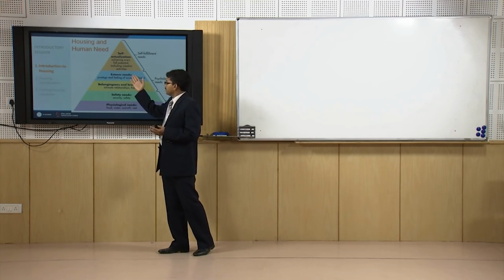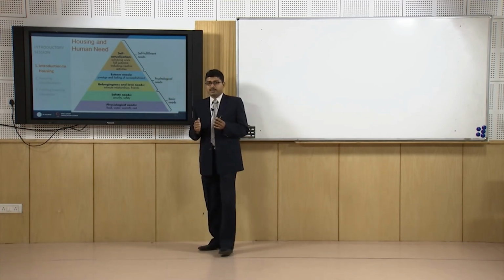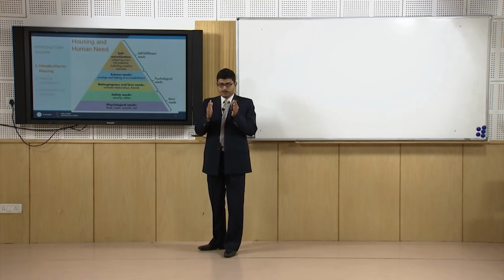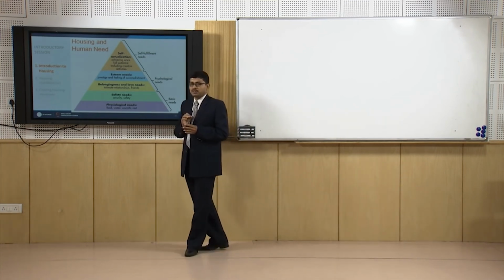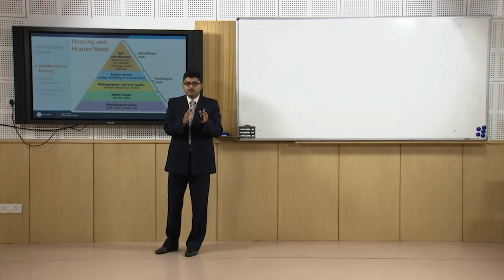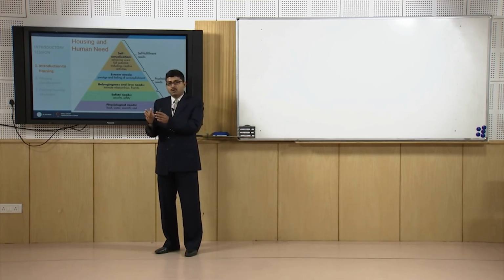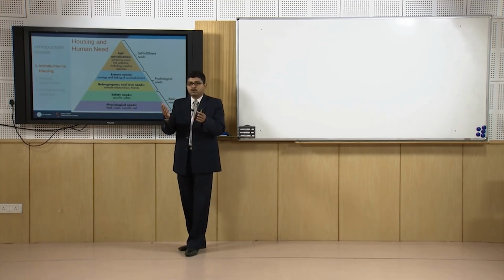After that, esteem needs are important. Esteem is nothing but the recognition of people as human beings. Think about the situation in our cities. Think about two situations: a person who is having a house and a person who is not having a house, maybe who is living in the slums, on the pavements or in an open area.